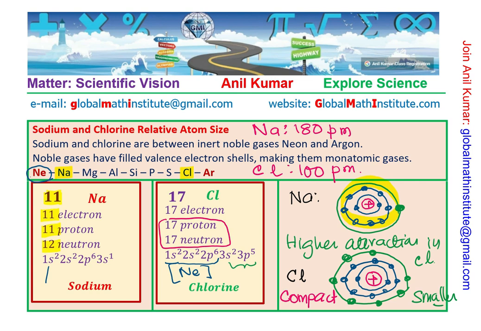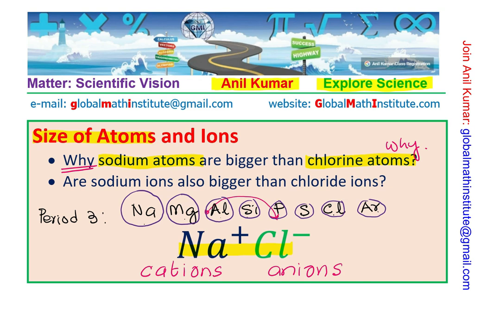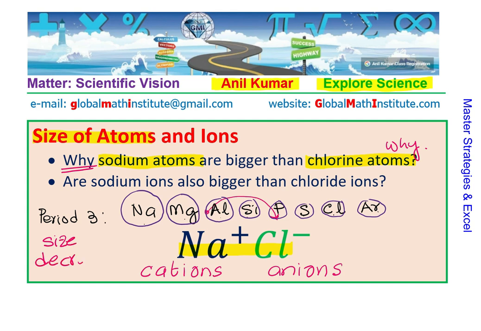So I hope this part is clear: as we move from one element to another horizontally along a period, size decreases. So you can see size decreases as we move right in a period.